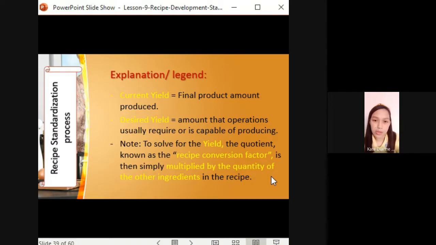Okay, so note, to solve for the yield, the quotient known as the recipe conversion factor is then simply multiplied by the quantity of the other ingredients in the recipe. Okay, next slide, sir.